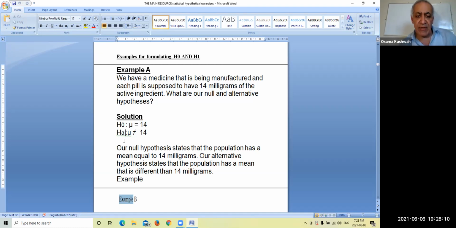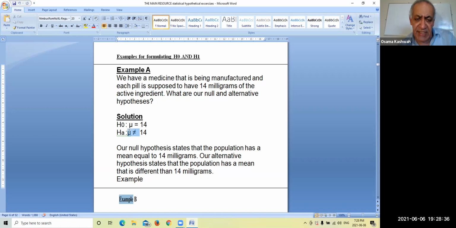Next, HA or H1. HA means the alternate, or H1. Some books say HA, some say H1. It makes no difference. It does not equal, because we are checking whether it is different now or not.